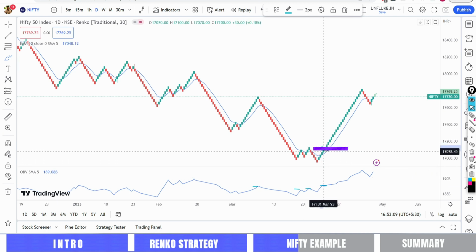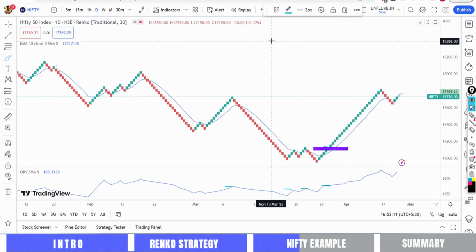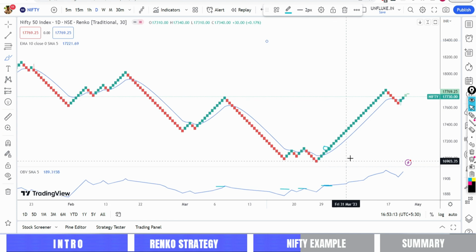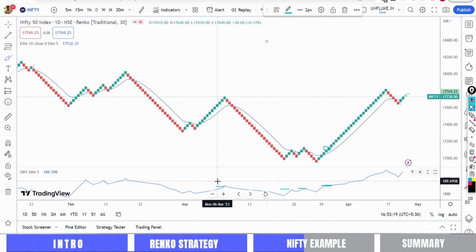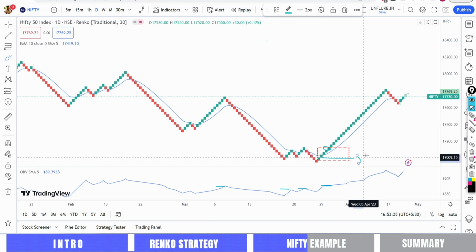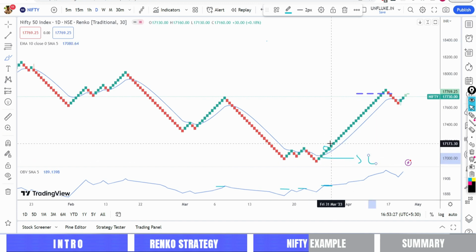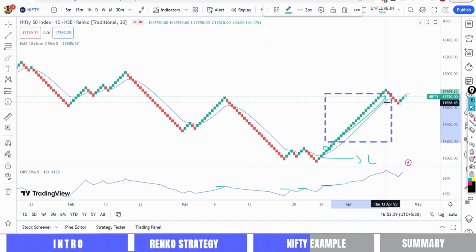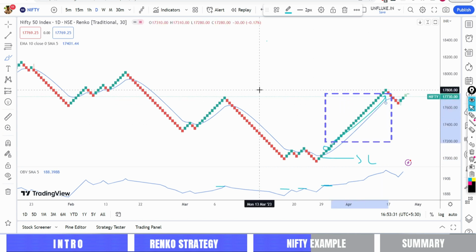That means on this candle, I can go for a buying trade because all my conditions are true. I have a green RENKO. It's above the 10 EMA, and the OBV has broken the previous 2 or 3 highs. I can go for an entry here. I can put this as my stop loss, and I can go for a 1:2 or 1:3 trade, and you can see it kept going up, right? So this was a good trade.